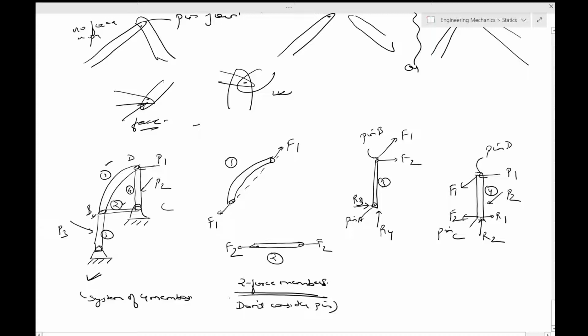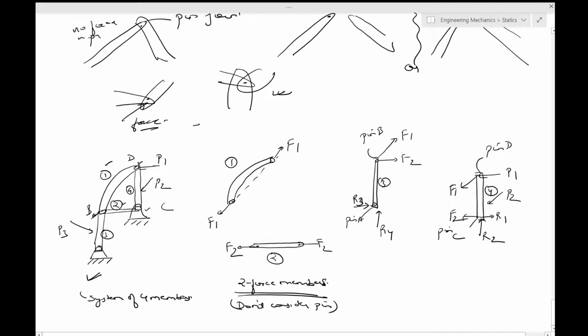because you see all the pins over here, either at B or at D, these are having more than 2 members, or over here it is supported. So it falls in that category of 3 exceptions which we had identified.